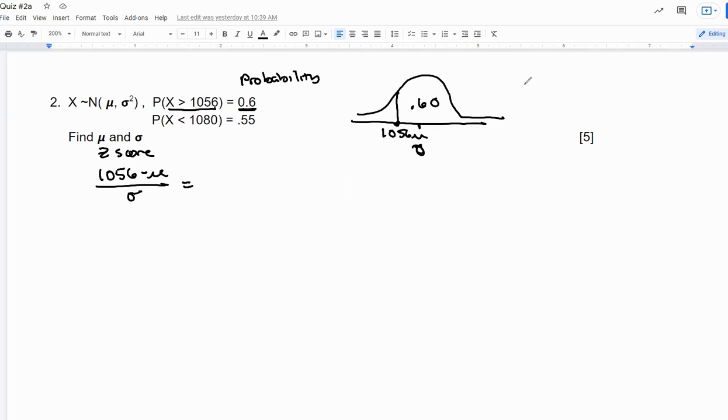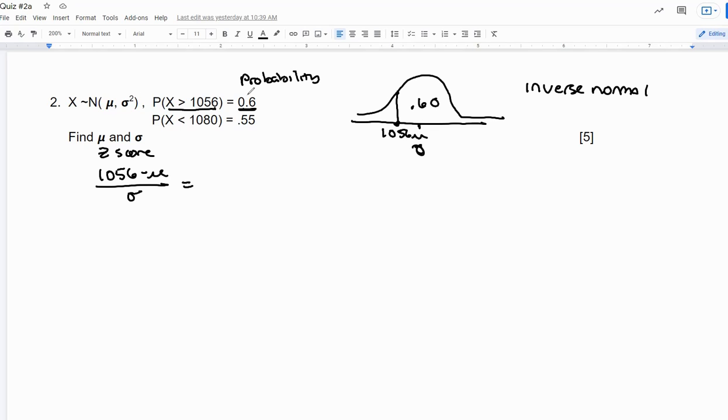Yeah, how would you use the calculator? Exactly. In the inverse, keep in mind that number 2 is when we're finding a probability.